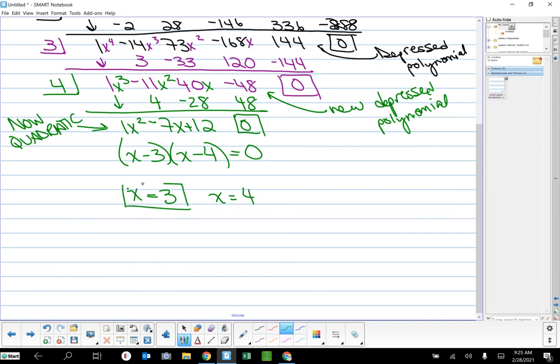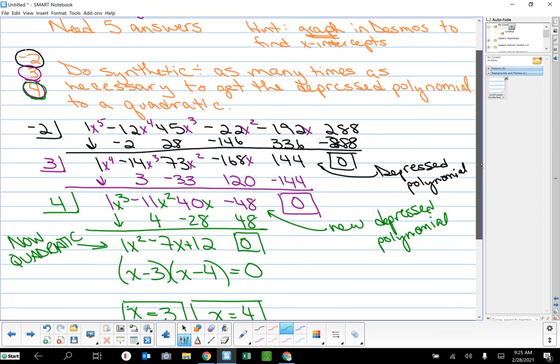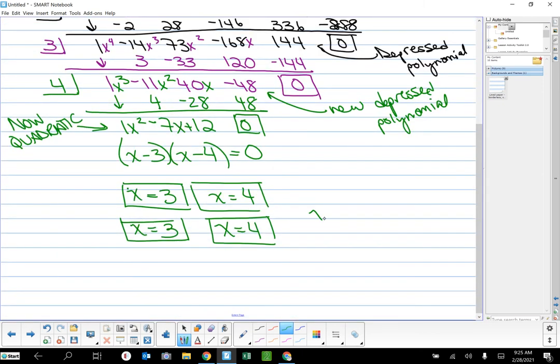So look at what happens. I get x equals 3 and x equals 4 from here, but I also had x equals 3 and x equals 4 from the graph, and then I had x equals negative 2. And because we aren't spending time graphing in this class, I haven't really talked a lot about graphing.